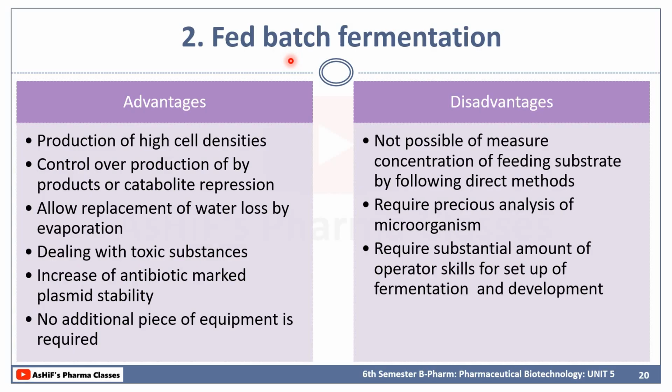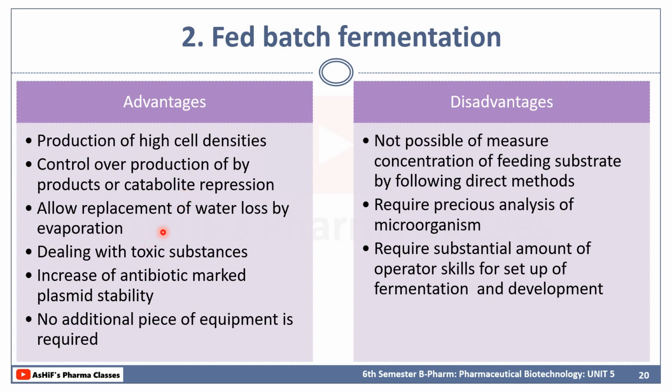Now, what are the advantages as well as disadvantages of fed batch fermentation? Based on fed batch fermentation, we can produce high density cultures. We can control over the production by the product or catabolic repression. We will discuss what is meant by catabolic repression later.